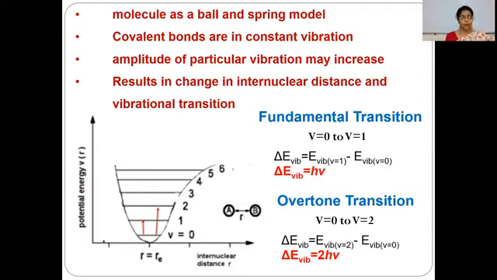Energy required for this transition is equal to energy of the second vibrational level minus energy of the zero vibrational level, and the total energy change during that transition from V0 to V2 state is equal to 2h nu. That means overtone transitions appear at double frequency as compared to fundamental transition.